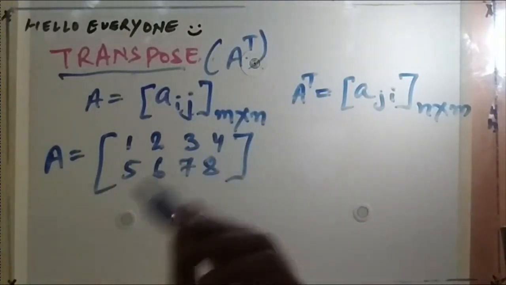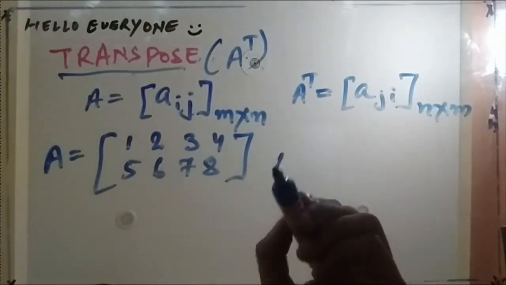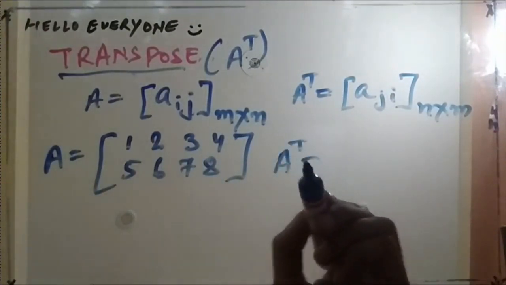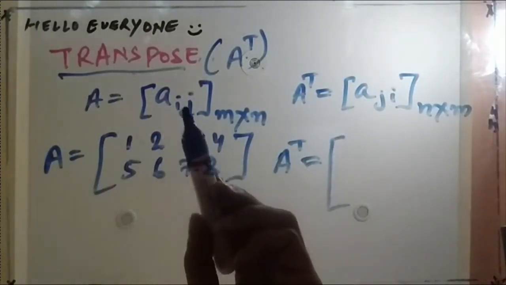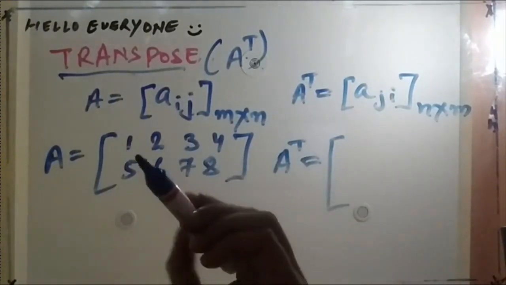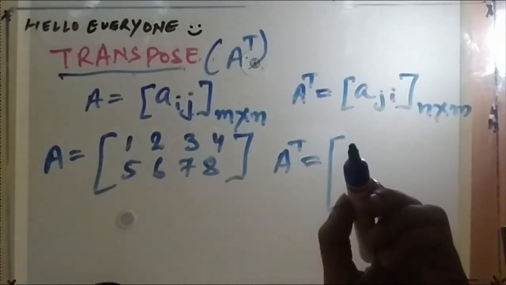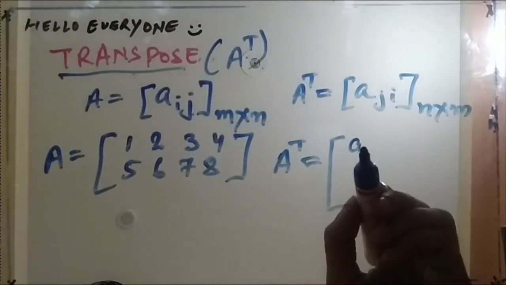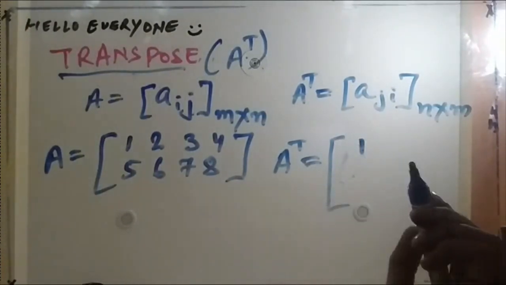Let's find out the transpose of this matrix A, A transpose. As I told you, a_ij changes to a_ji. Here a_11 will be the same, so the value will be 1.